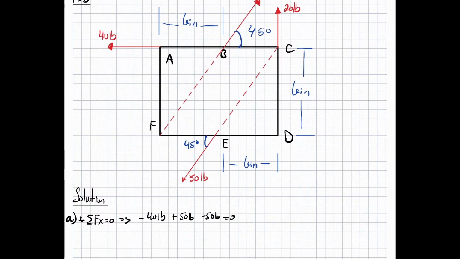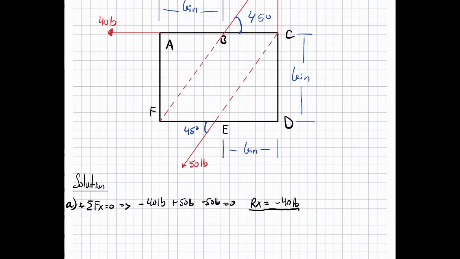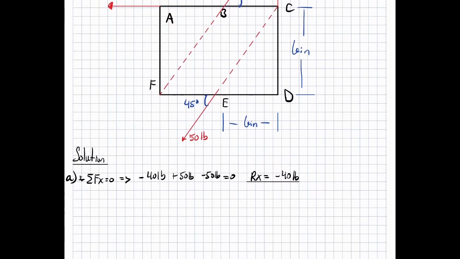So in the x direction, Rx is equal to negative 40 pounds. Okay. Sum of forces in the y direction equal to 0.